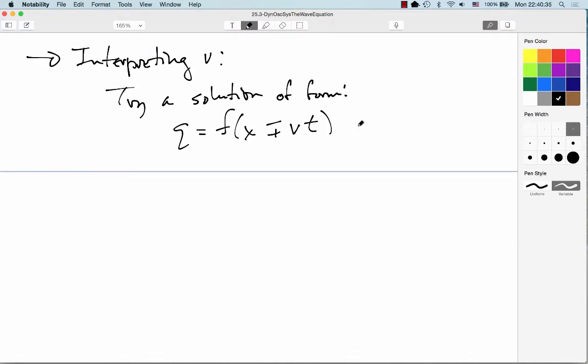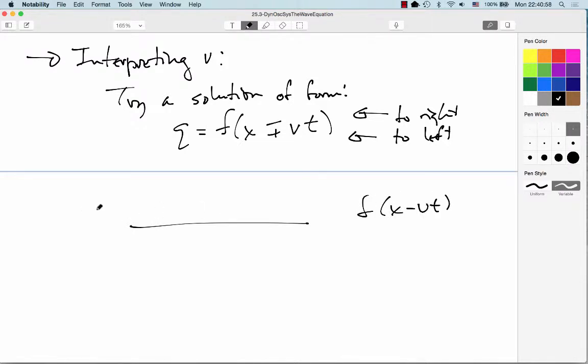The minus sign will be if we want our wave to propagate to the right, and the plus sign will be if we want it to propagate to the left. So let's see what I mean by that. Let's say this is my f of x minus vt, at t equals 0. It might look something like, I don't know, like that, let's say.